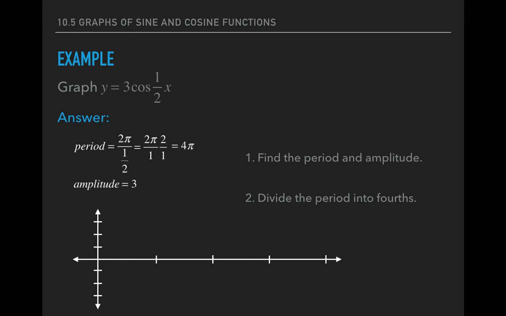Our amplitude is the absolute value of 3, which is 3. So the length of my wave is 4 pi long. Our wave can be divided into 4 parts, so we divide our period into 4 parts. Halfway would be 2 pi, and the subsequent parts would be pi and 3 pi.